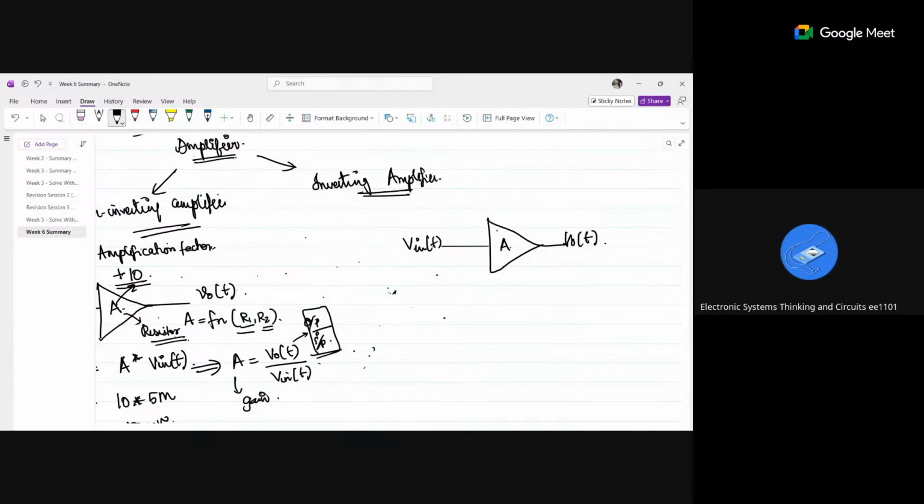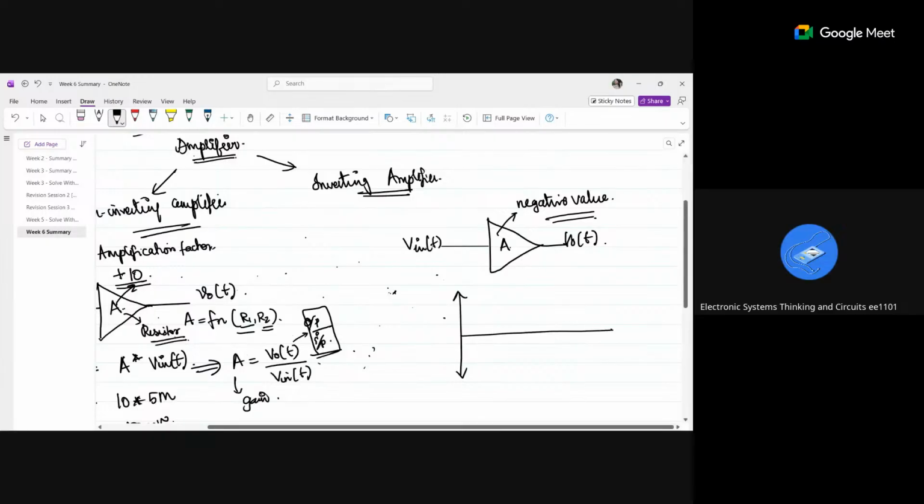The difference between non-inverting and inverting amplifier is that the gain is a negative value. It gains in the opposite direction.